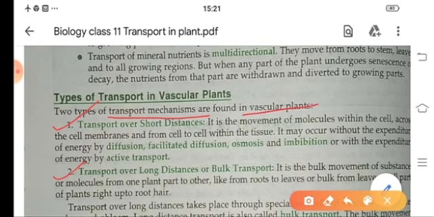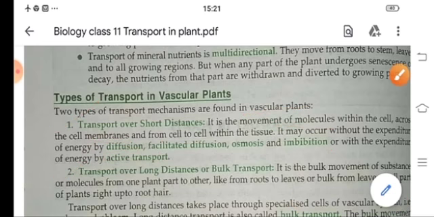Short distances means the movement of molecules within the cell, across the cell membranes and from cell to cell within the tissue. Now this does not require any energy. So this is done by diffusion, facilitated diffusion, osmosis, imbibition, or when energy is used, then it is by active transport.